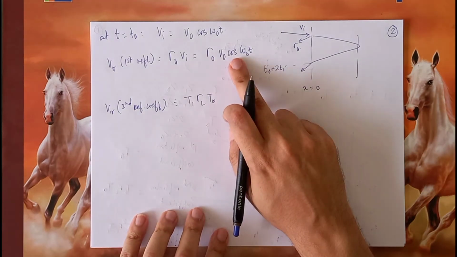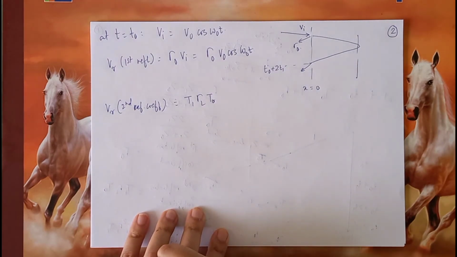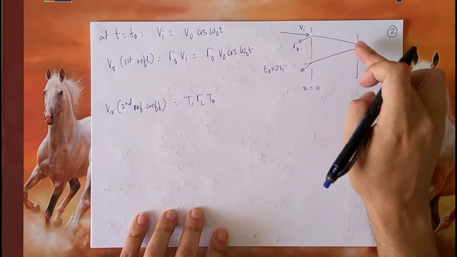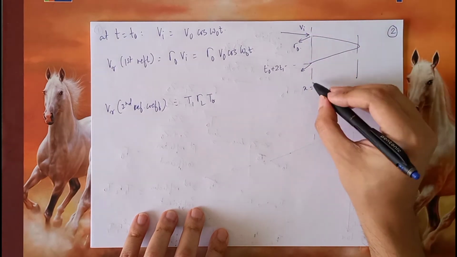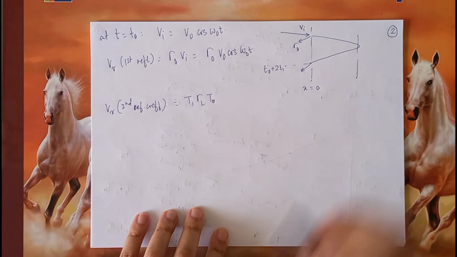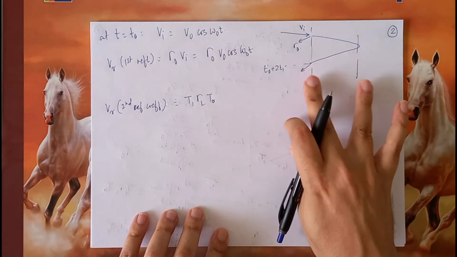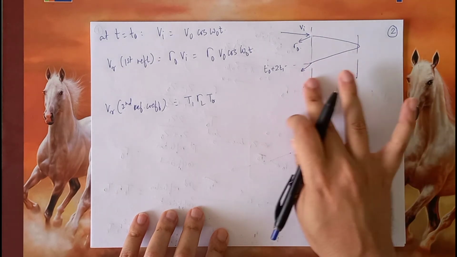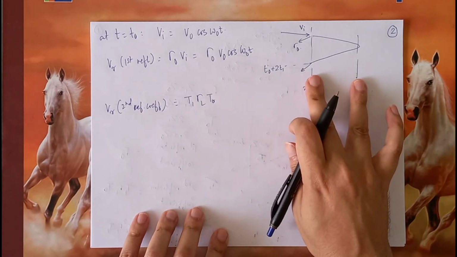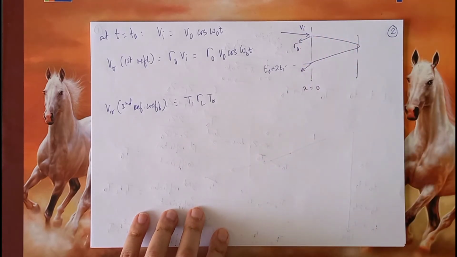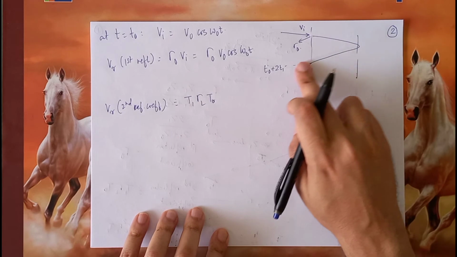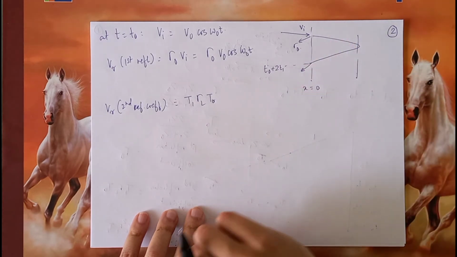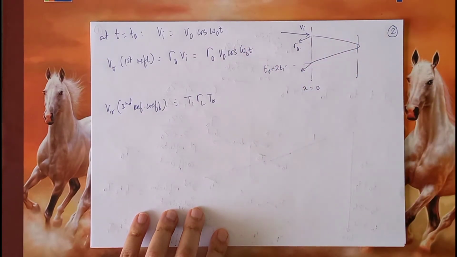Will it be V0 cos omega 0 t? No, because we are merely talking about the coefficients at either the boundary or at the load end. We are not talking anything about what goes on while the wave is traveling. So therefore we have not incorporated the time phase information of the wave.